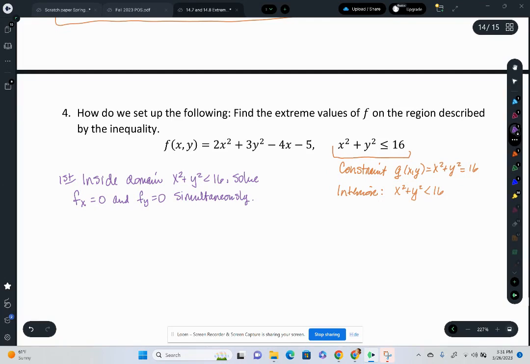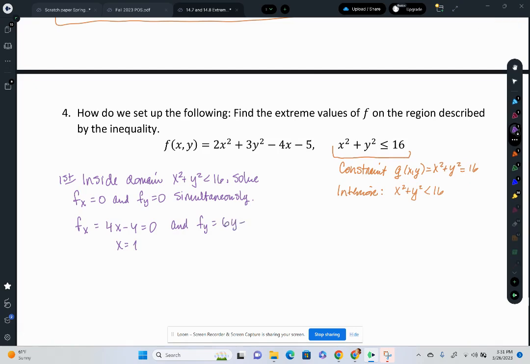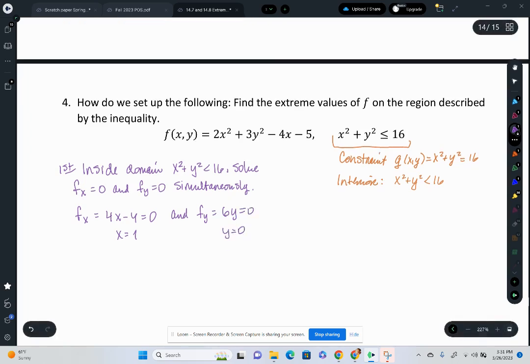Okay, now f of xy is 2x squared plus 3y squared minus 4x minus 5. So I need to find f sub x of that. F sub x is 4x minus 4. Set it equal to 0 and solve to get x is 1. And f sub y is 6y. So we'll set that equal to 0 and we get y is equal to 0.